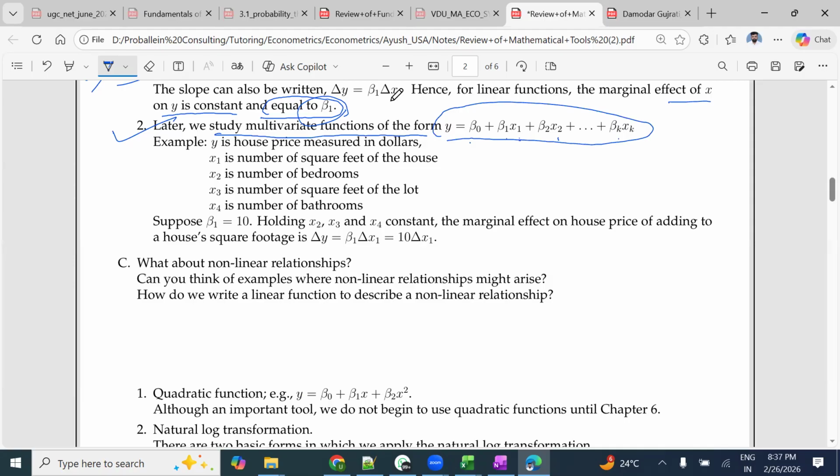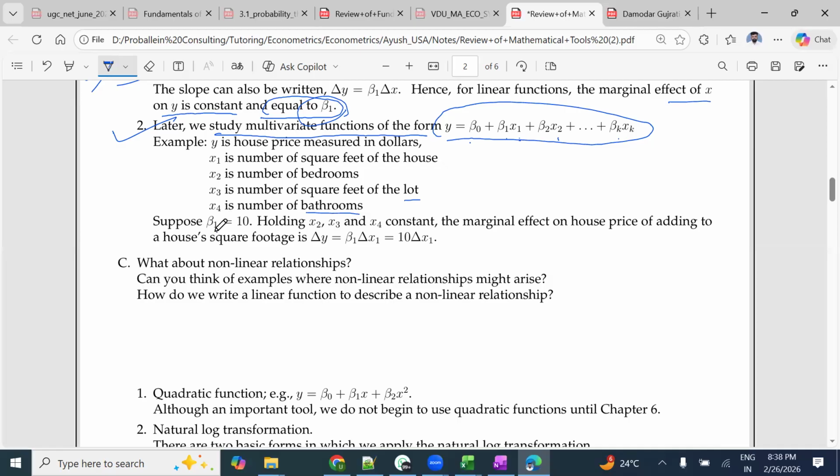Here we are trying to see the factors affecting housing demand. Then x2 is the number of bedrooms, x3 is the number of square feet of the lot, x4 is the number of bathrooms. So this is basically a multivariate or multiple regression model.